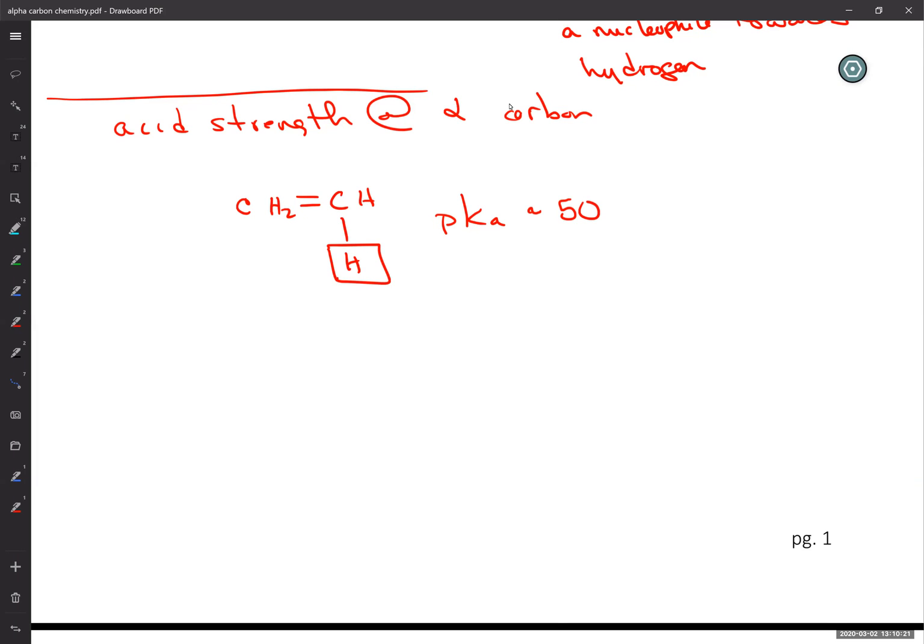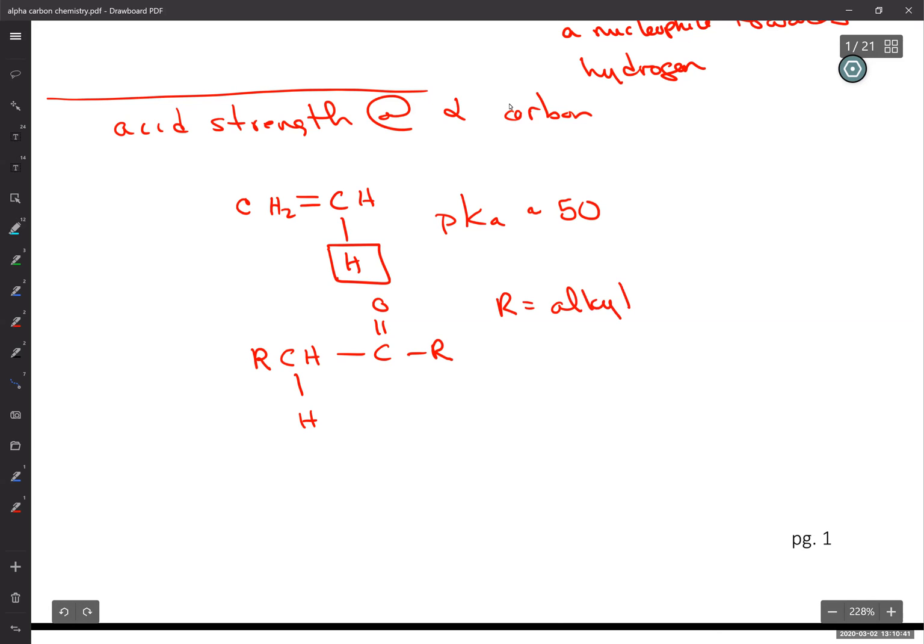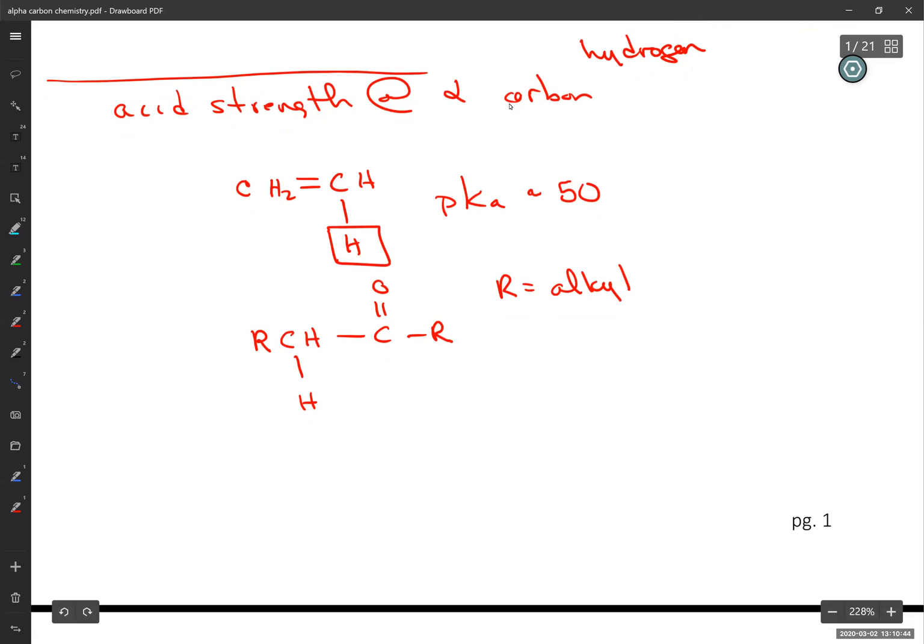If we're looking at an alpha hydrogen on an aldehyde or a ketone, ballpark numbers where R is alkyl or hydrogen, the pKa is around 16 to 20.